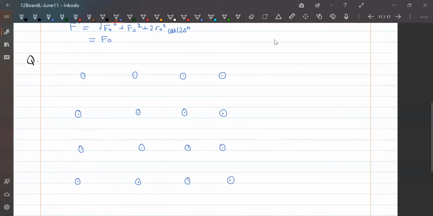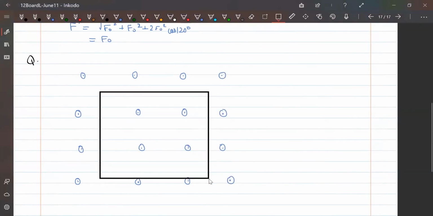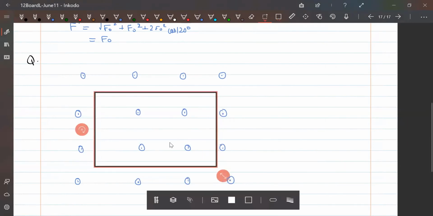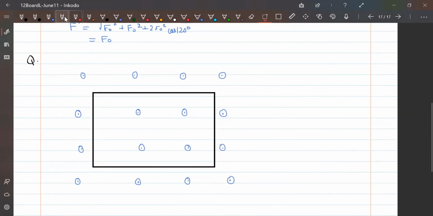And you have to find the value of net force on a rectangular loop. This side is call it A, and this side has length B. And the current is anticlockwise. The value of current is I naught.